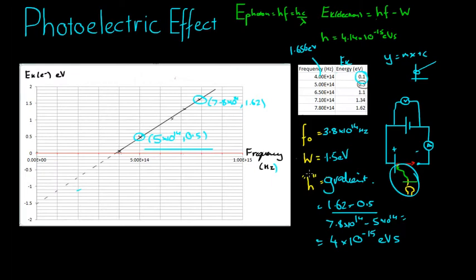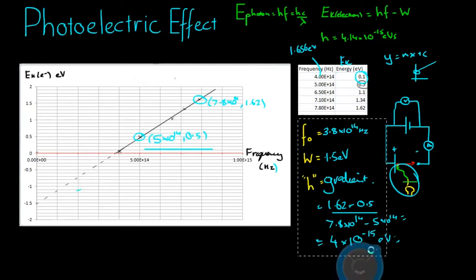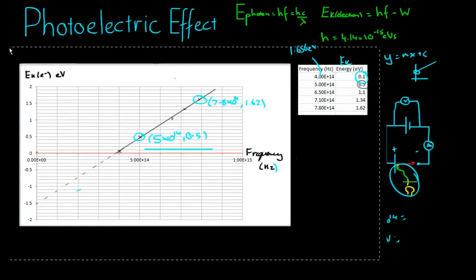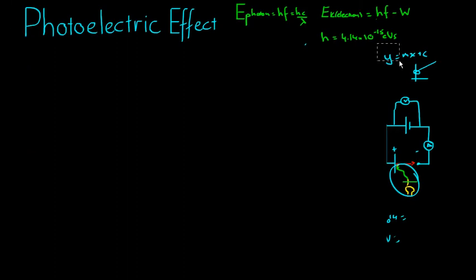There's one more question I'd like to try. It's a bit of an easier one. If I eliminate these values here, and actually I can eliminate all these too, and just leave the apparatus there.